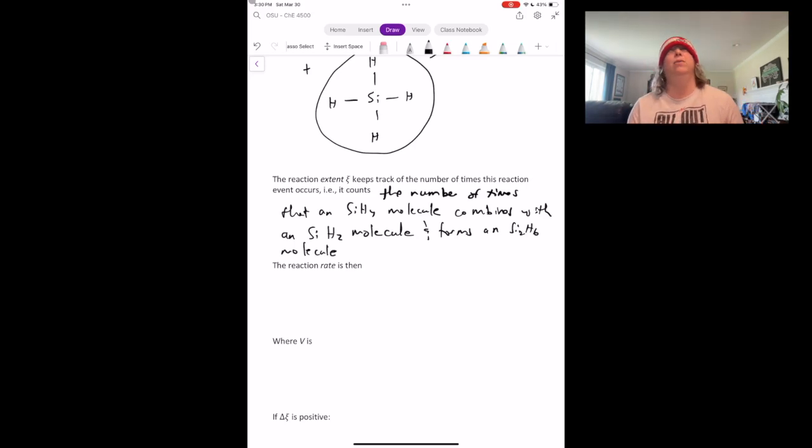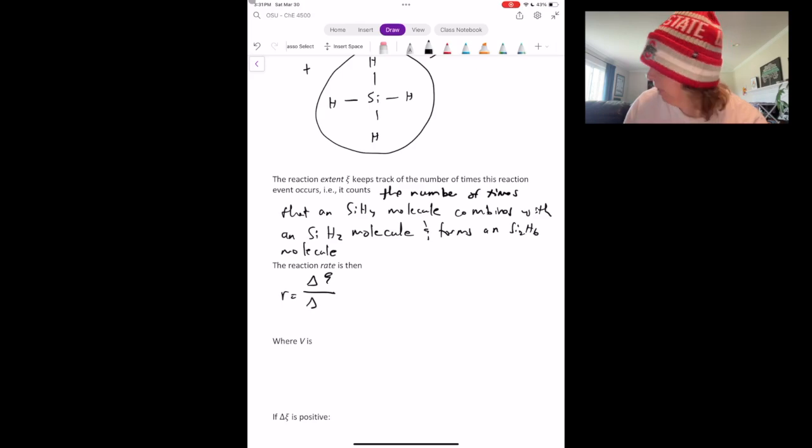So it's basically counting these molecular events. The rate of this reaction is then related to this extent. So the rate of reaction is going to be the change in Z divided by the change in T, and then that's going to be normalized by the system volume.